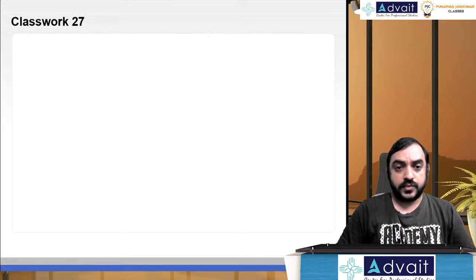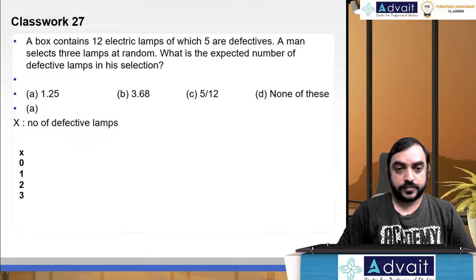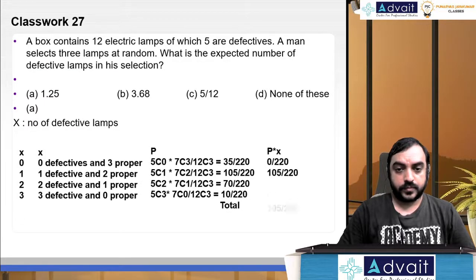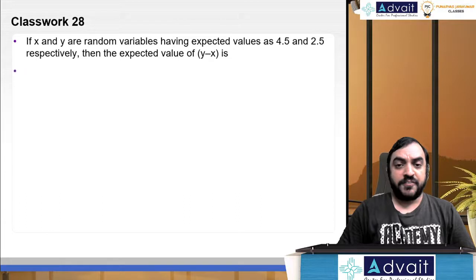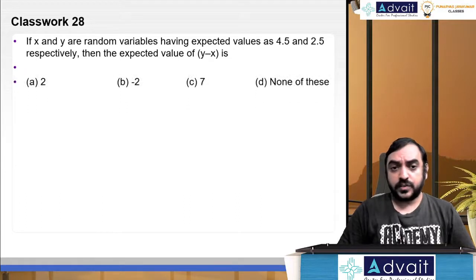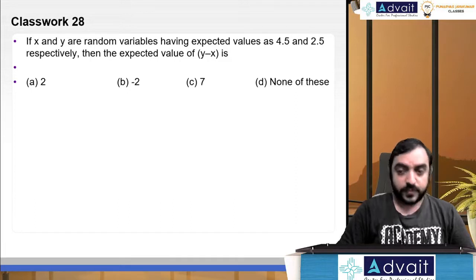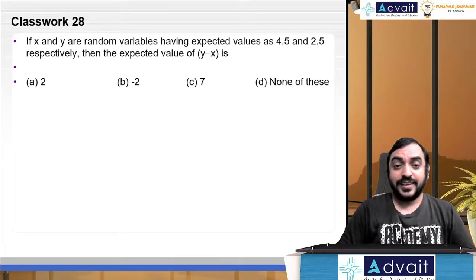If x and y are random variables having expected values of 4.5 and 2.5 respectively, then the expected value of y minus x is. This is very simple.